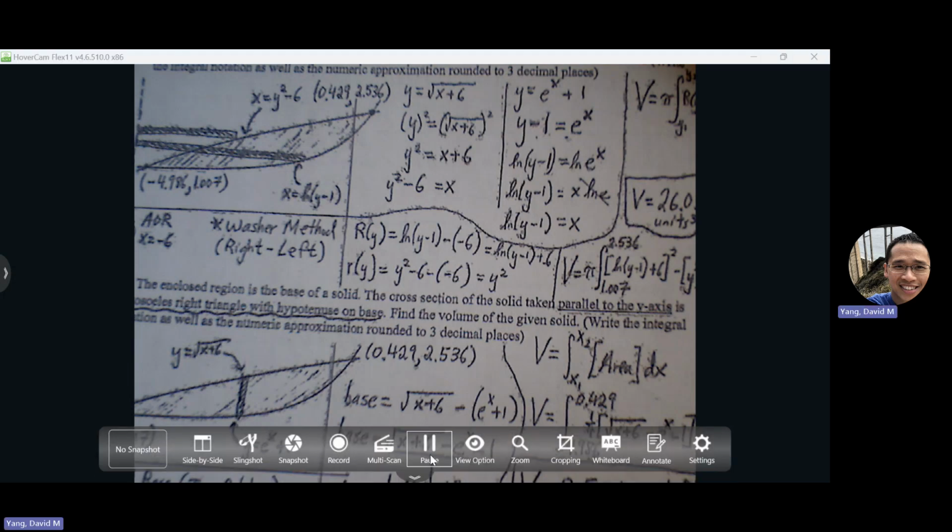Mr. Yang, why is my calculator saying syntax error when I put the equations in and graph it? Let's see. Syntax error for that last one before.